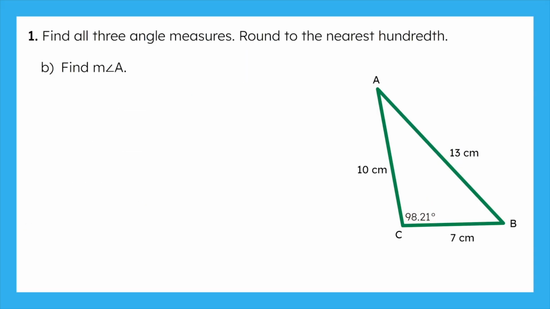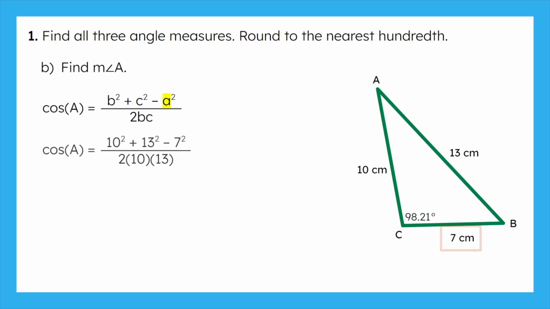Okay, now it's your turn. Same triangle, but now you'll use the law of cosines to find the measure of angle A. Use the formulas in your guided notes to determine which version to use. How'd you do? I used this version of the law of cosines since I'm looking for angle A. I'll need to be sure that the side I'm subtracting is the side opposite from angle A, which is 7 centimeters long.